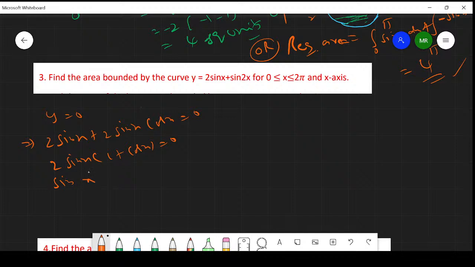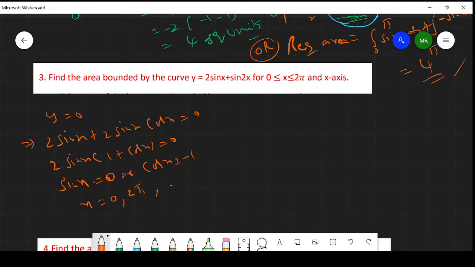Just observe here. Sin x equal to 0, or you will get cos x equal to minus 1. Sin x equal to 0 means between 0 to 2 pi, I can consider 0, even 2 pi I can consider.